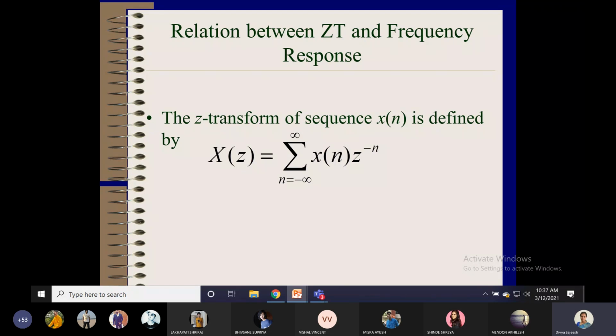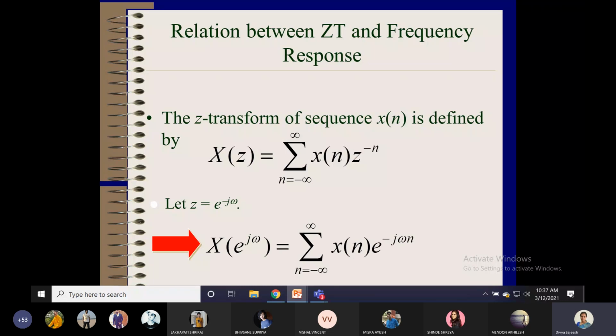Now let us see what will happen if I put z as e raised to j omega. Wherever z is there, if I put e raised to j omega, then what you obtain is the frequency or the Fourier transform of the signal.